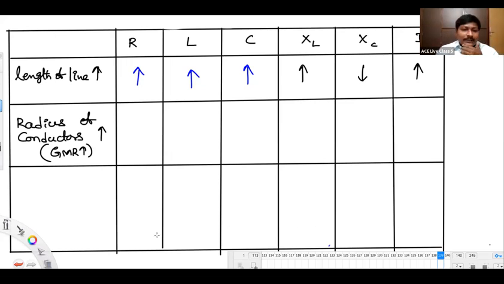Okay, what will happen to resistance? If radius is increasing, area of cross section is more, so resistance value will decrease. Inductance, what will happen to inductance?